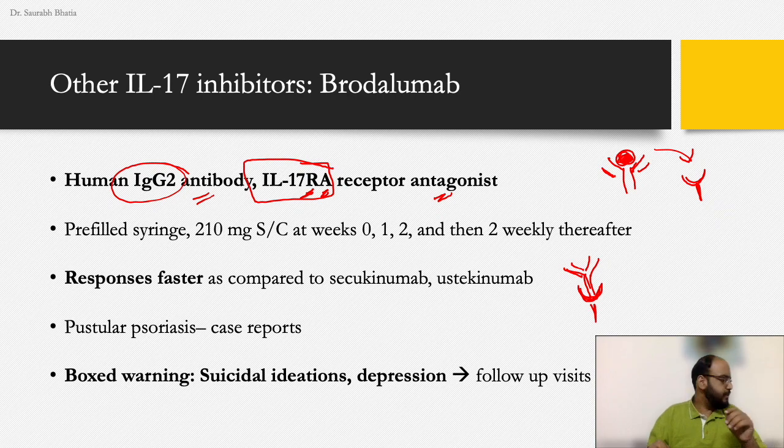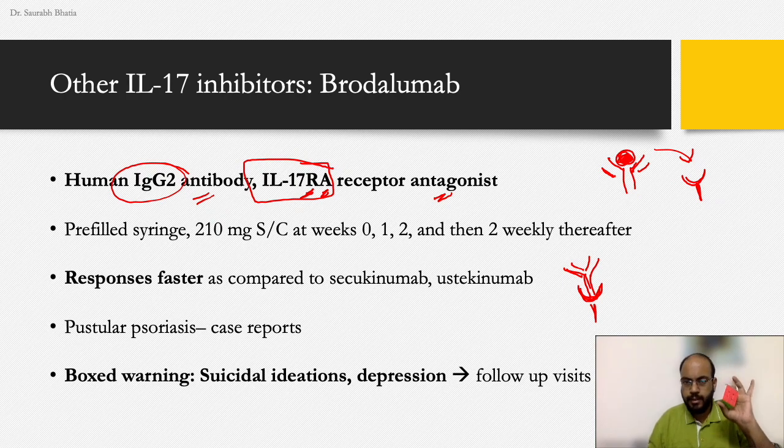Let's take an example, you'll be able to understand. Let's say this Rubik's Cube is interleukin 17 and this black hand is the biological. The hand which doesn't have a glove on it is the natural receptor for interleukin 17. So let's say interleukin 17 is coming in circulation and it attaches itself to the receptor and this leads to inflammation and psoriasis.